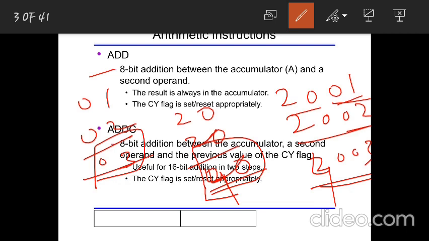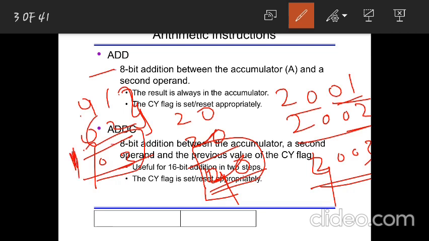When will I take ADDC? First I am doing this addition. In this case 01 and 02 is not generating any carry. In case I take 9 and 6, in terms of binary you will get a carry here; a carry will be generated.